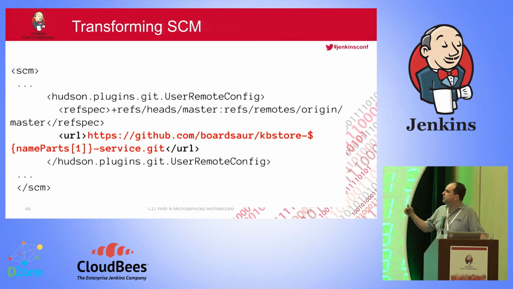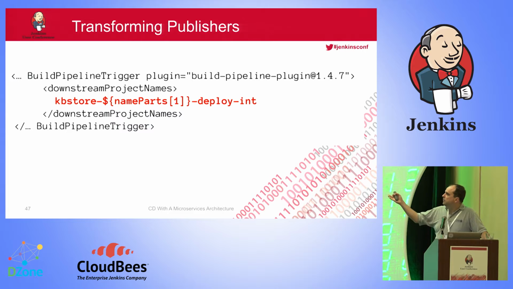So that's nice, but more usefully, I can transform the URL that I'm checking out my code from, assuming all of my repositories conform to my naming convention. And I can transform publishers.